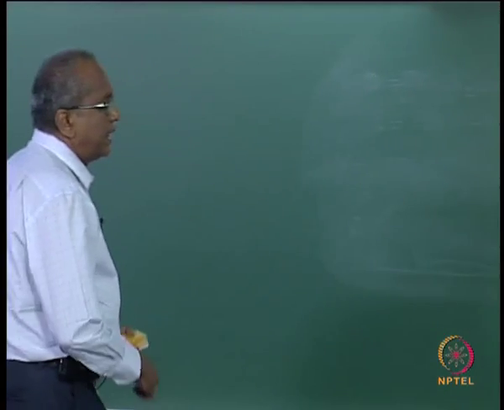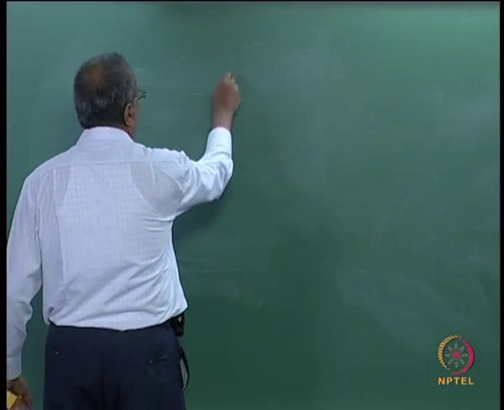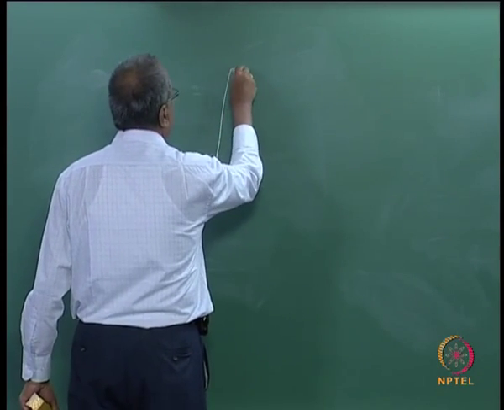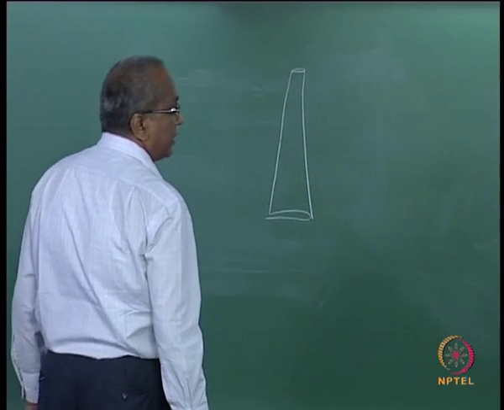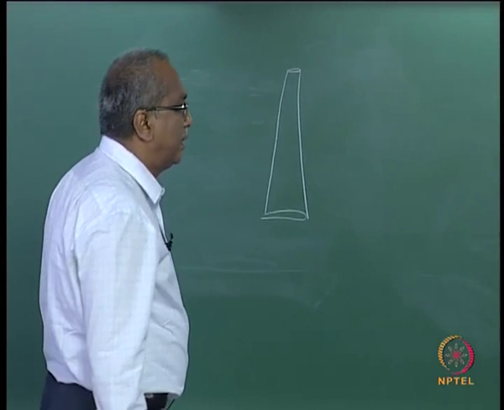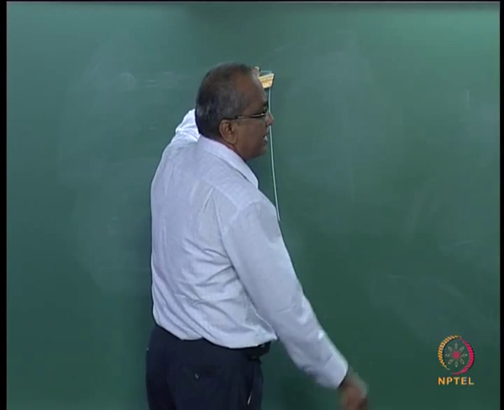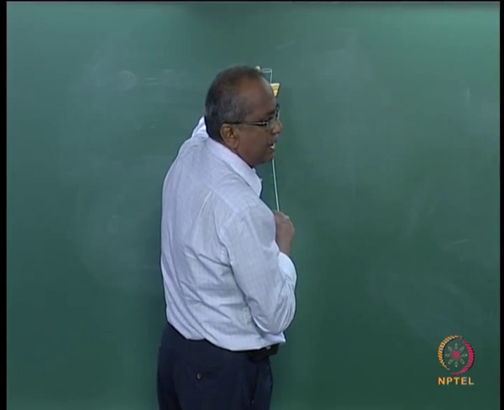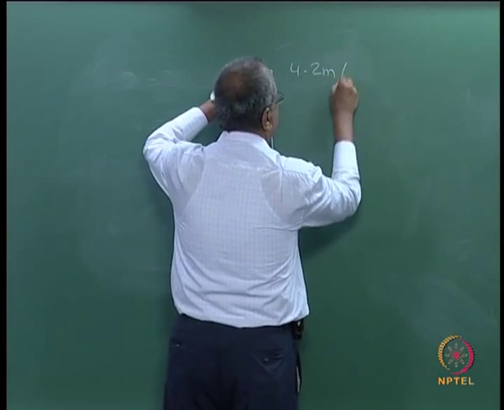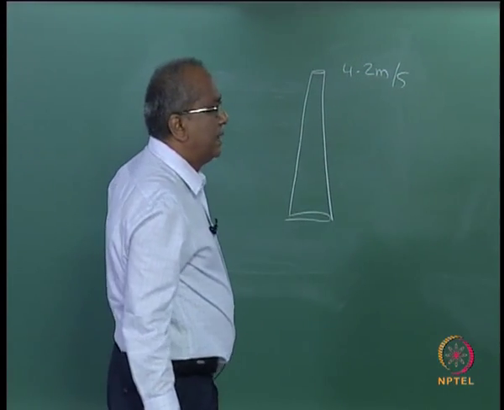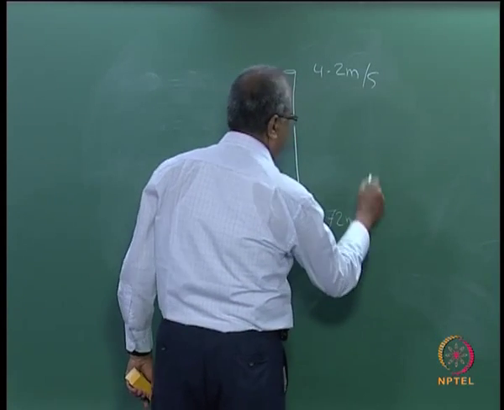Then next is a conical tube fixed vertically with its small end vertically up. So the smaller end is upwards. The velocity down the tube is 4.2 meters per second at the upper end, and at the lower end it is 1.72 meters per second.